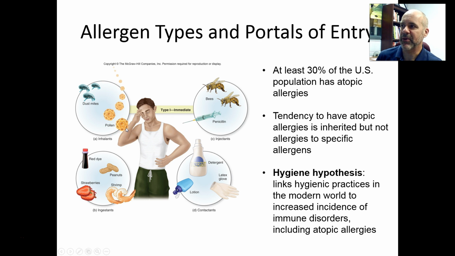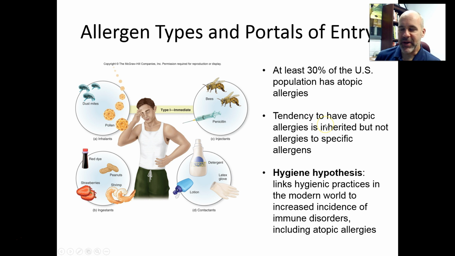Pollen, everybody knows that people are allergic to pollen. Bee venom, penicillin, lots of people have type 1 allergic reactions to penicillin. Red dye, maybe you've heard of people being allergic to red food coloring. Peanuts, shrimp, strawberries, latex gloves. Probably somebody watching this video clip is allergic to latex gloves. So these are things that vary from person to person.